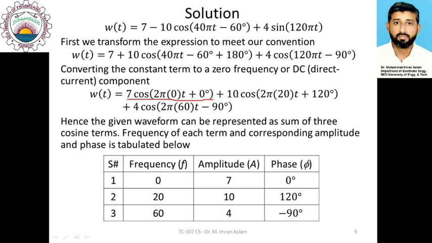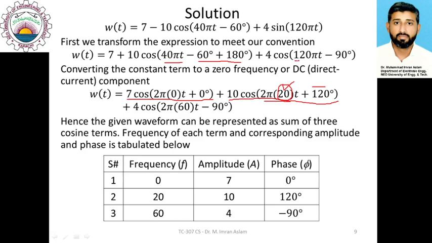Similarly, for the other terms, we have just simplified them. 10 cos(40 pi t) can be written as 2 pi into 20, because 40 pi is the representation of omega, and we want to calculate the frequency f. So I have written it in the form of 2 pi into f. So 2 pi into 20, and we get the frequency f to be equal to 20, and the phase angle calculates to plus 120 degree.